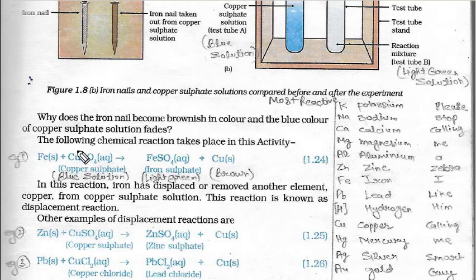Copper sulfate is blue in color, but iron sulfate is light green in color. That's why the blue color of the solution changed to light green due to the formation of iron sulfate. In this reaction, iron has displaced another element, copper, from the copper sulfate solution. This reaction is known as the displacement reaction.